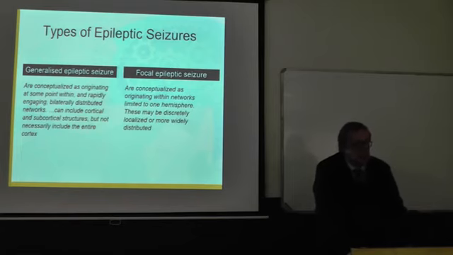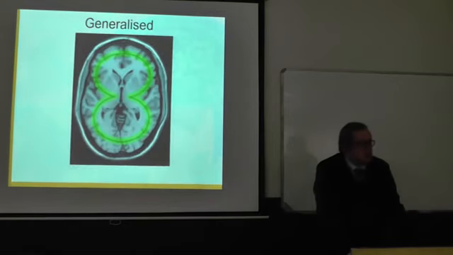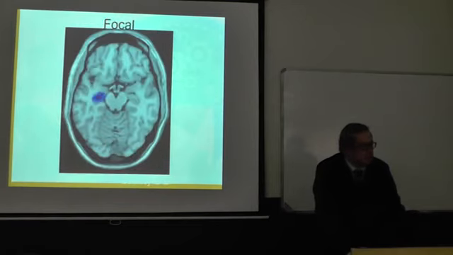So they may be either discretely localized or more widely distributed. But the point is that a focal seizure can quickly change into a generalized seizure. So this is a visual way of looking at a generalized seizure, and a focal seizure, one would say that this would start in this specific area and then stay in the one hemisphere or become generalized.